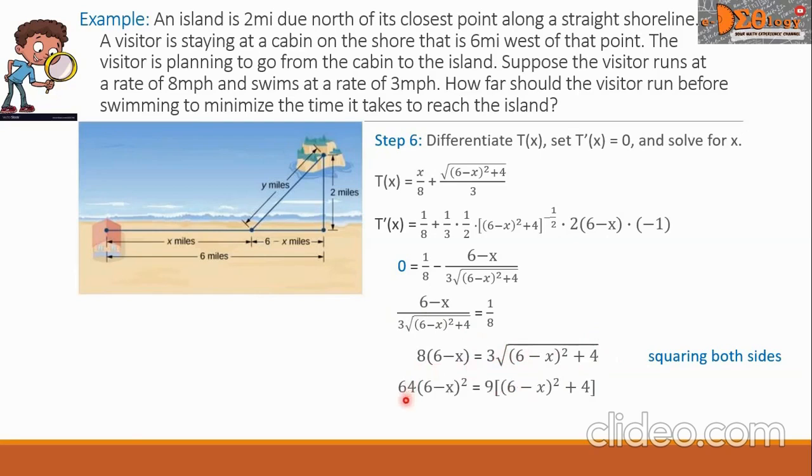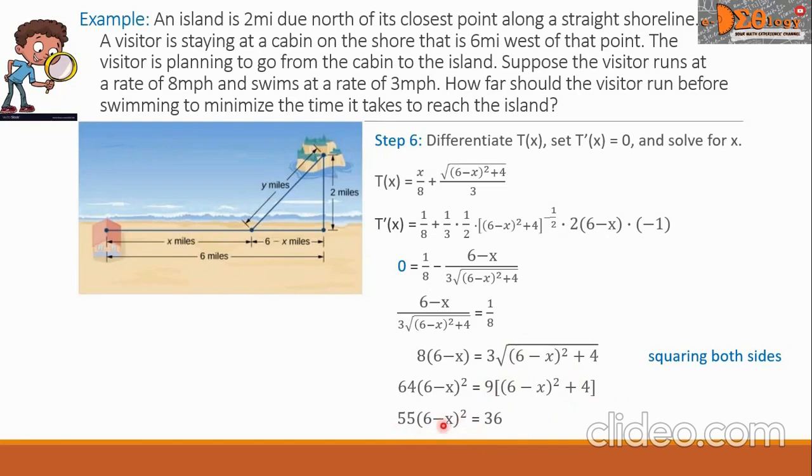We have now 64 times the square of the quantity 6 minus x equals 3 squared, which is 9, times the expression where the radical is now removed. When we multiply the 9 into the terms inside the grouping symbol and simplify by combining similar terms, we get 55 times the square of 6 minus x equals 36.